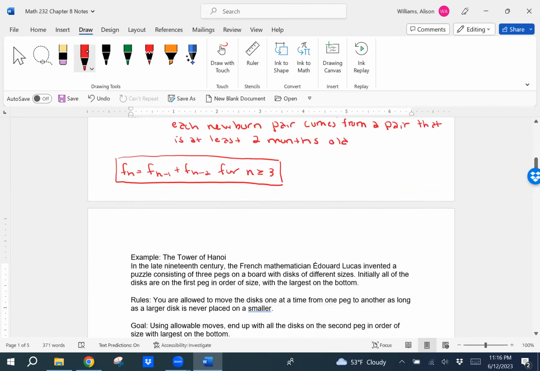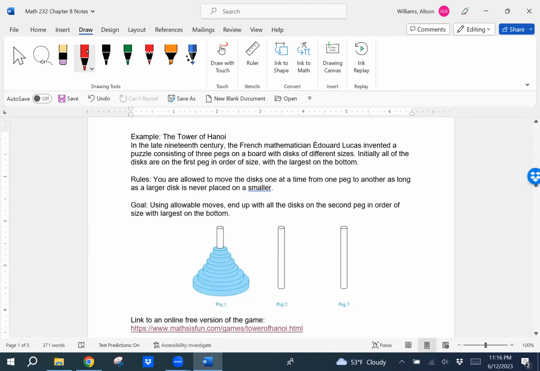Okay, let's try another one. Another famous example, the Tower of Hanoi. So here's a fun little game. In fact, if you go onto Amazon, you can find these, the Tower of Hanoi. They're like nifty little wooden games. It is a puzzle game that consists of 3 pegs and different discs of sizes going from small to big, largest one on the bottom.